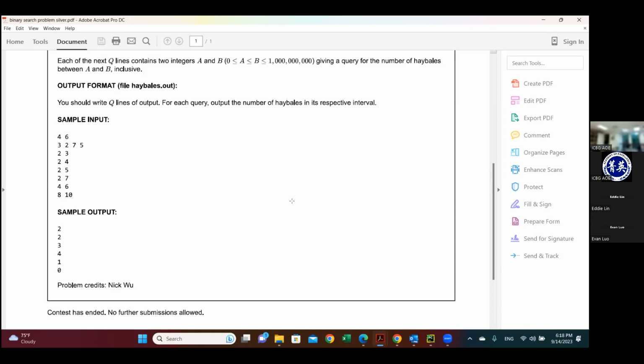You will know what is the left and what is the right for this number. Right? You want to return that as the output.